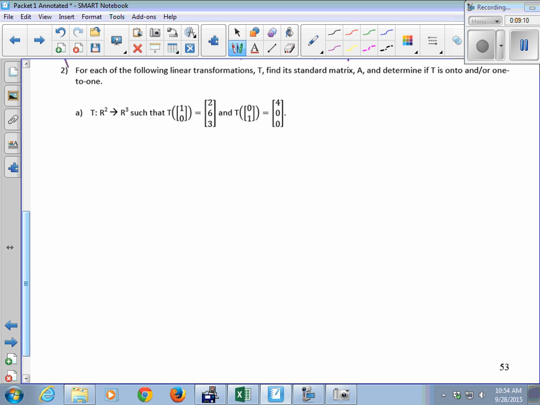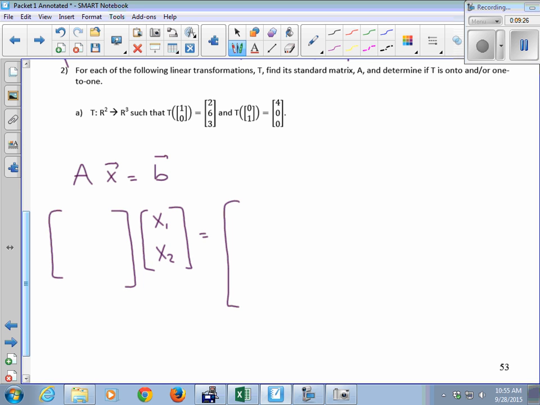I'm looking for a matrix A so that A times my input equals my output B. When I multiply by a 2-entry vector, I get a 3-entry vector, B1, B2, B3, right? Because my inputs are in R2 and my outputs are in R3.